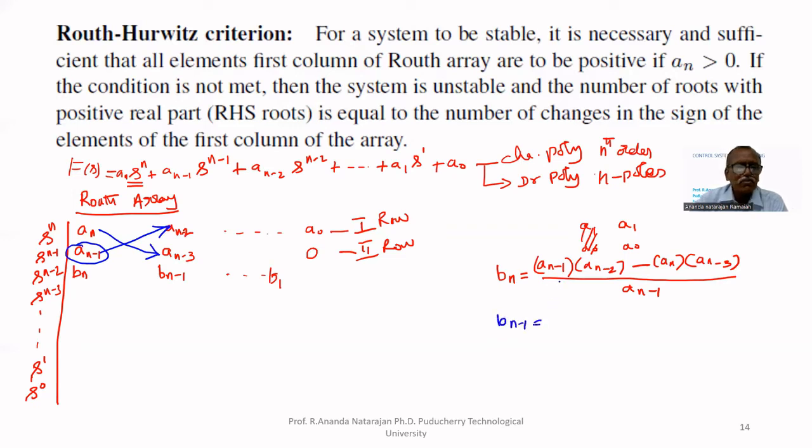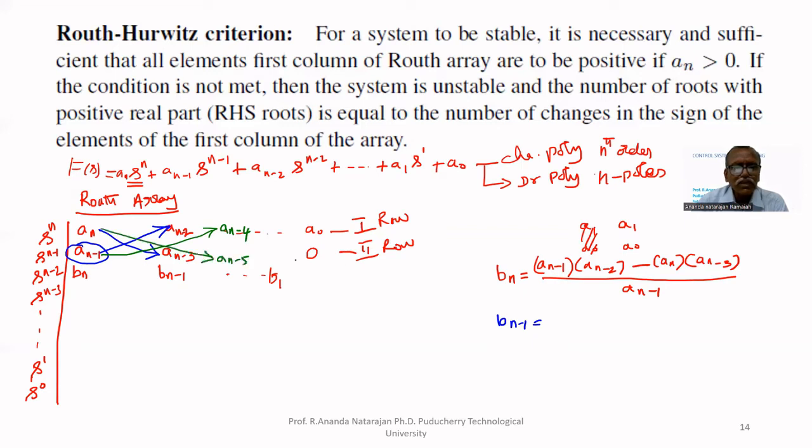Again we have to consider a n minus 1. Here the number will be a n minus 4, here a n minus 5.